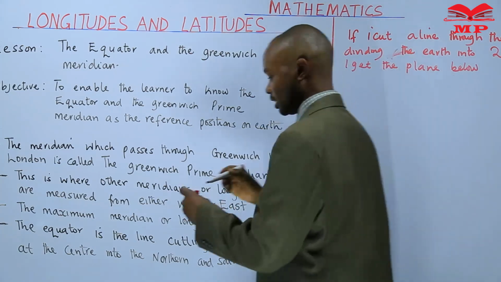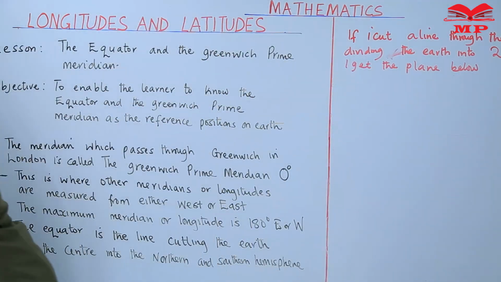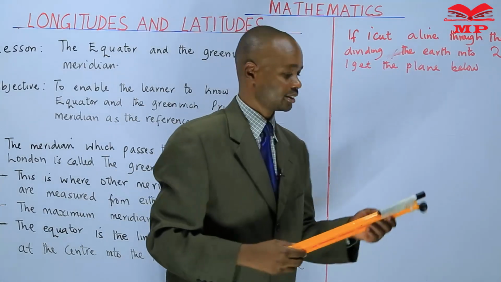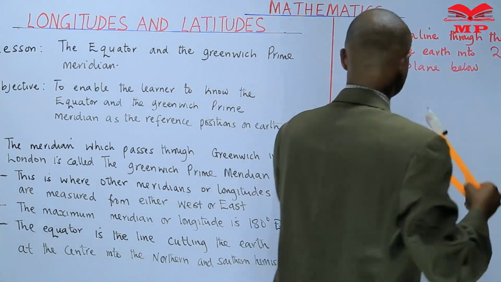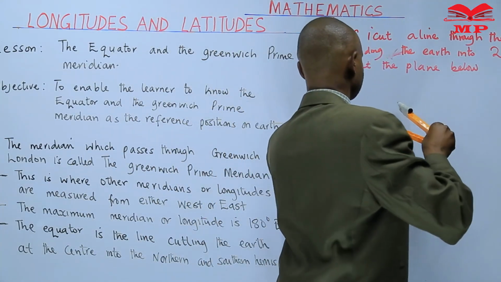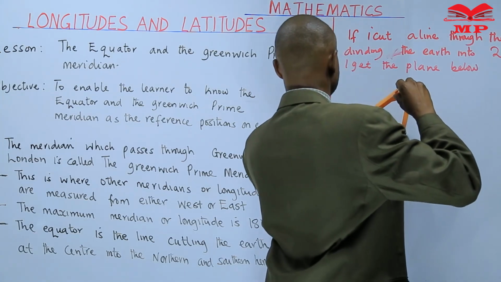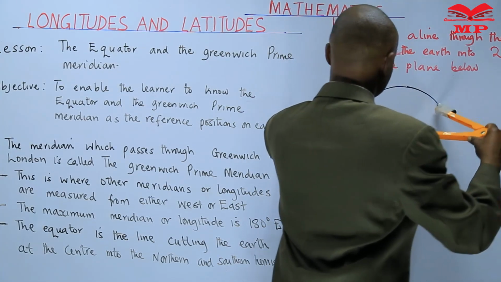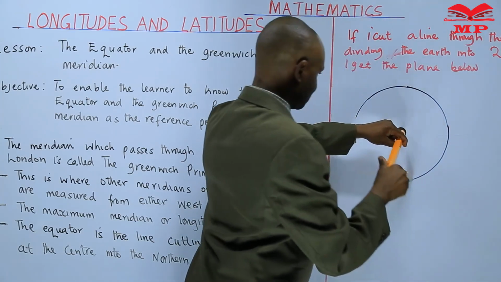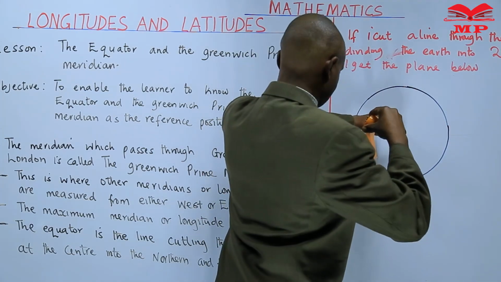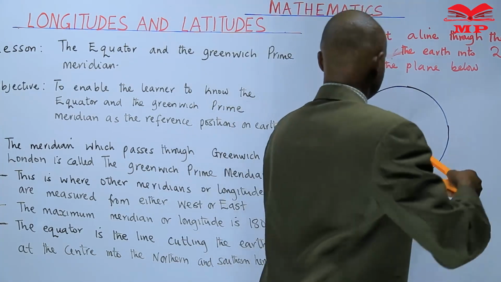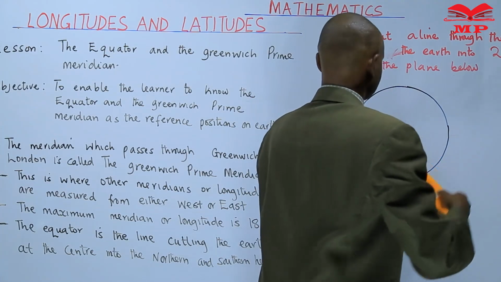It is from that plane that you'll understand what I'm talking about. So I've cut through that sphere. If I cut through, this is what I get. That line is actually the equator I've cut through. So that's the center of the earth.